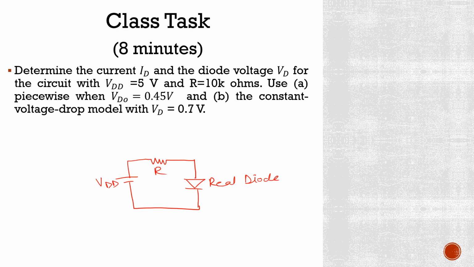First you have to use the piecewise linear model when VD0 is 0.7 volts, and then you have to use the constant voltage drop model with VD equal to 0.7 volts. Take 8 minutes to complete this task.